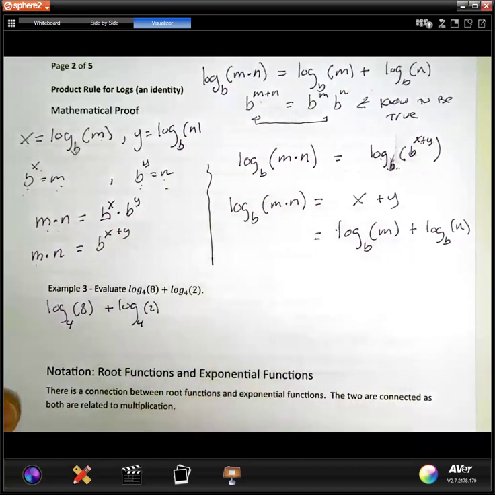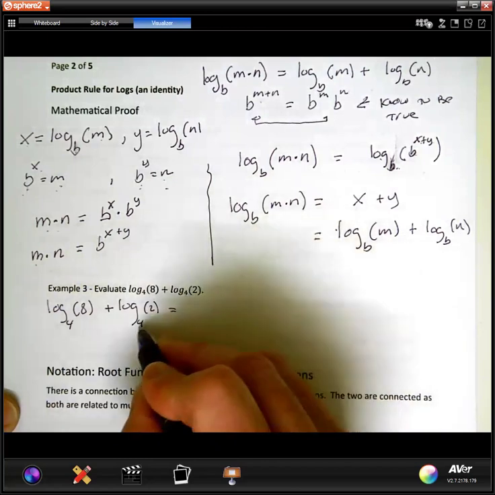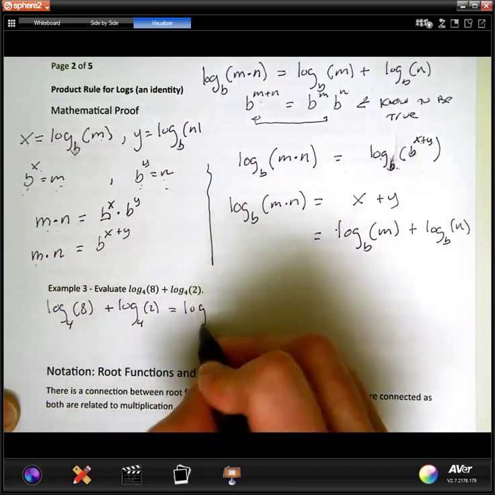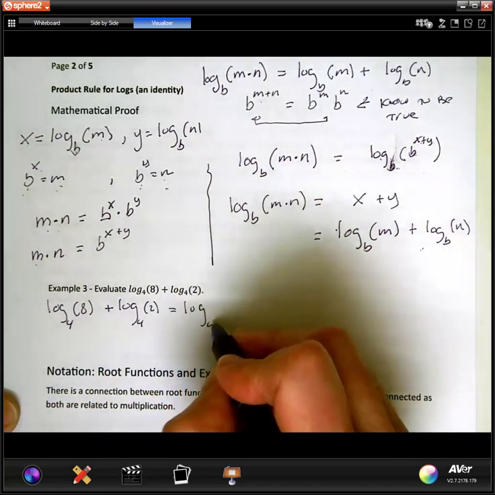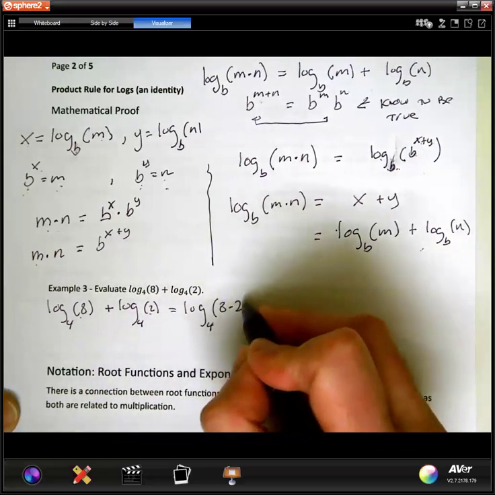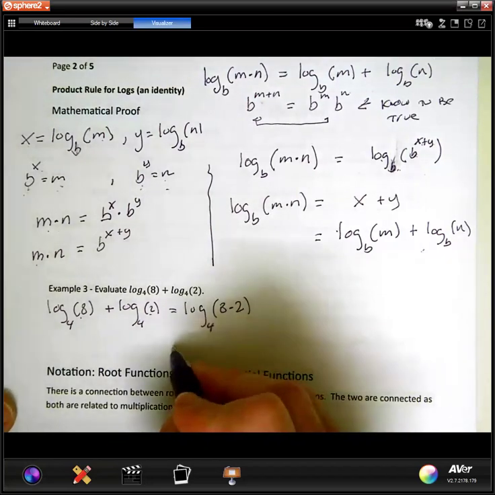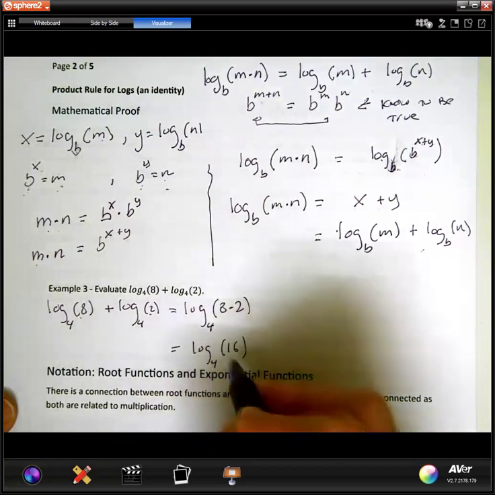According to that rule, I have the same bases and I'm adding. So I can go backwards and take the product of the inputs, because these are equivalent statements. Now what I have is log base 4 of 16.